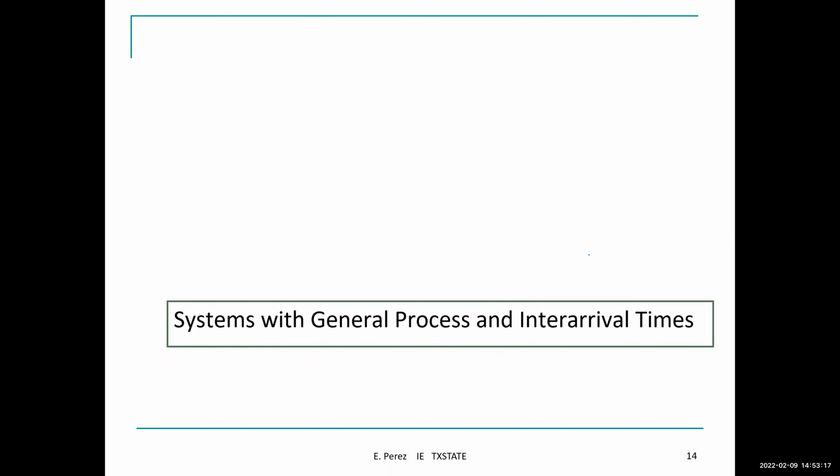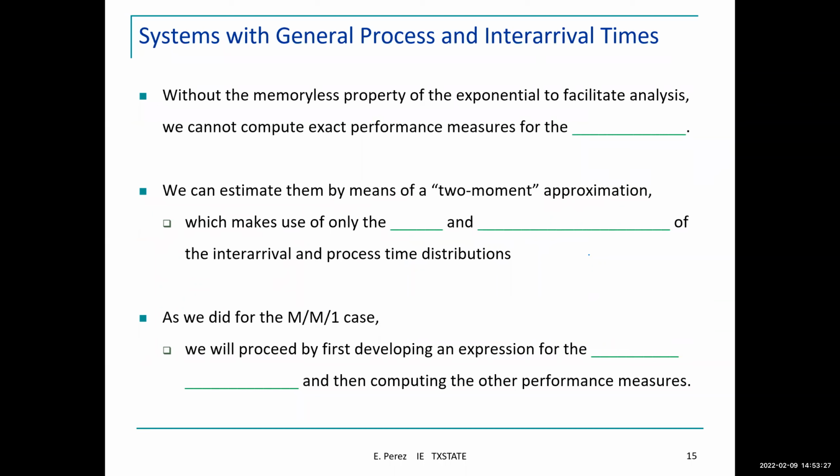So let's talk about the systems with general process times and interruptible times. The exponential has a property that is called the memoryless property. Any of you remember what that property is all about? We use the exponential to model the processing times and the interarrival times.